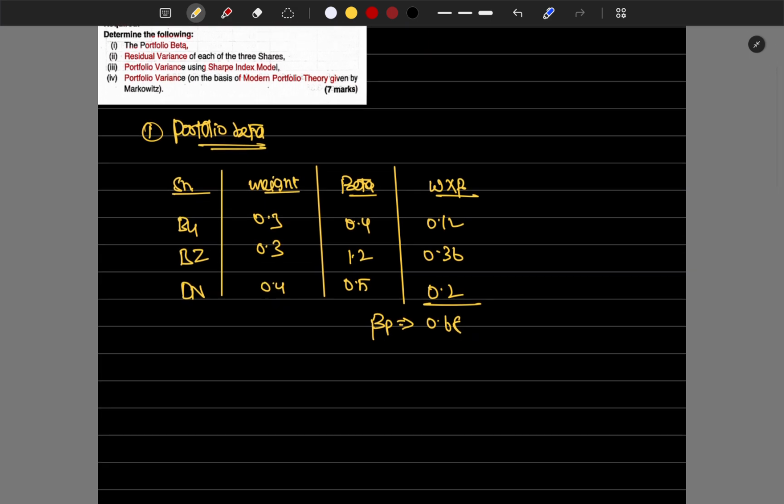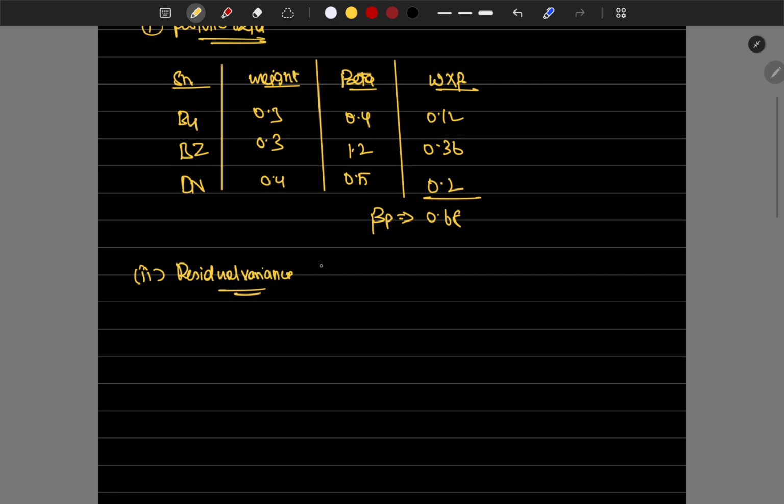Next one, residual variance. What is residual variance? First, what's the total variance? Total variance is equal to systematic risk plus unsystematic risk.